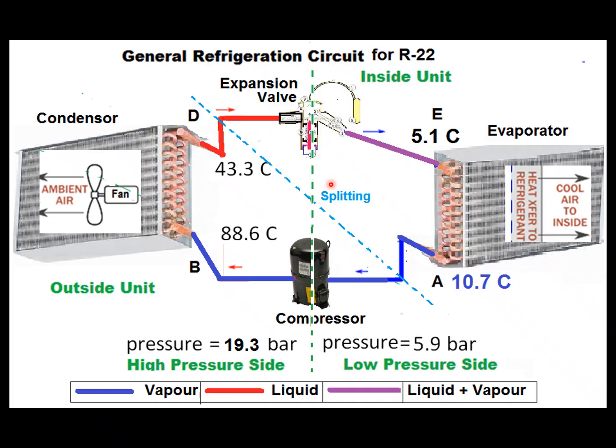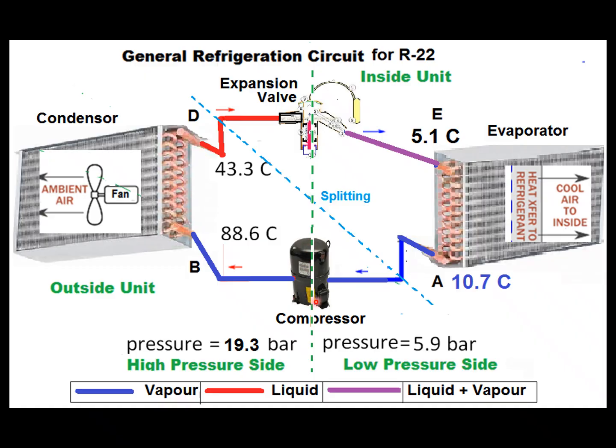Friends, in this particular schematic diagram, I have shown all the major components as they physically look. So let us take the evaporator. Evaporator is nothing but combined cooling coils, and then the compressor.